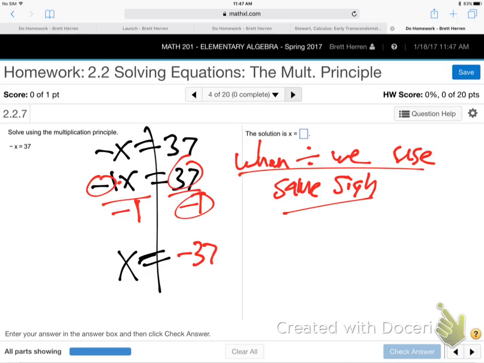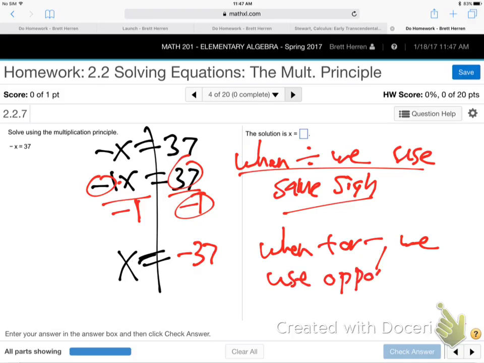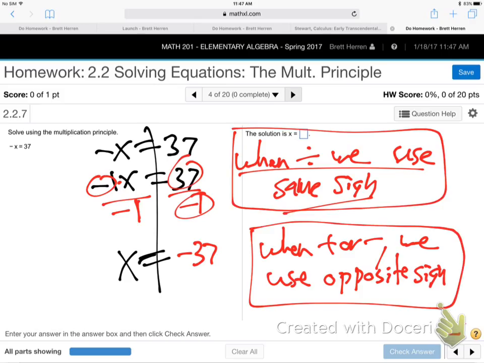When we add or subtract, we use the opposite sign, don't we? Are you seeing that? So when we divide, we use the same sign, but when we add or subtract, we're doing the opposite sign.